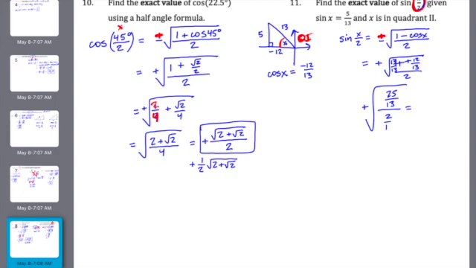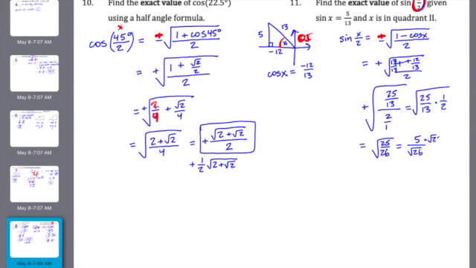So now we can do keep, switch, flip. This is 25/13 times a half, which is the same as dividing by 2. So we get 25 over 26. So square root of 25 over 26. The square root of 25 in the top is 5. The square root of 26 is just root 26.